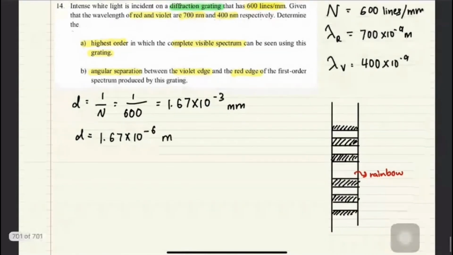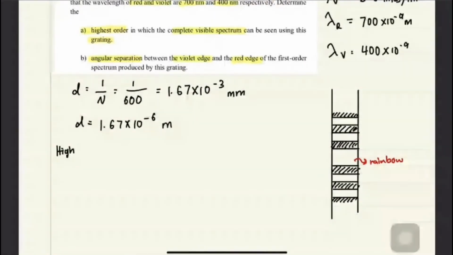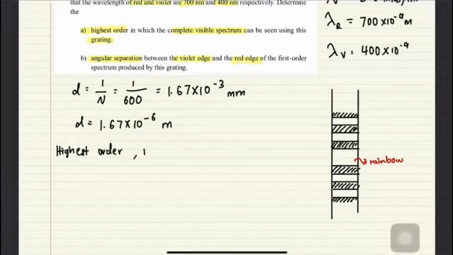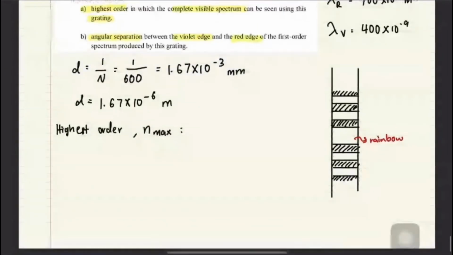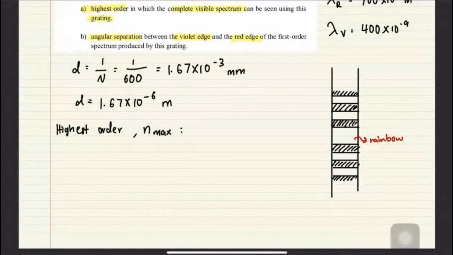Now you want to find the highest order, n max. Looking at the learning outcome in the tutorial, you use n, so I keep with n. The formula is D sin theta equals n lambda.